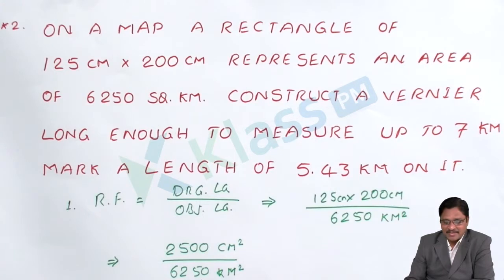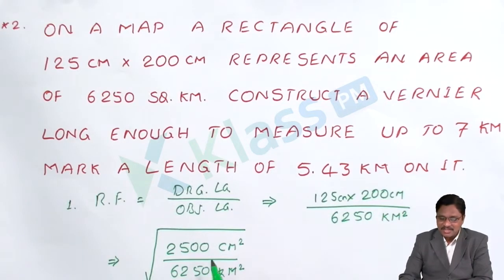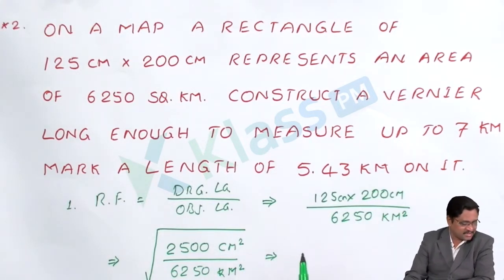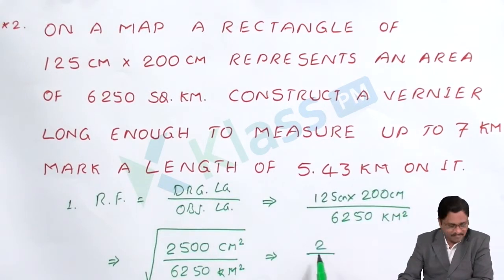So the numerator and denominator are both in terms of L square, so commonly you can apply a square root so that I can simplify. So how to simplify again? By calculations, you may get 2 by 10 to the power of 5.